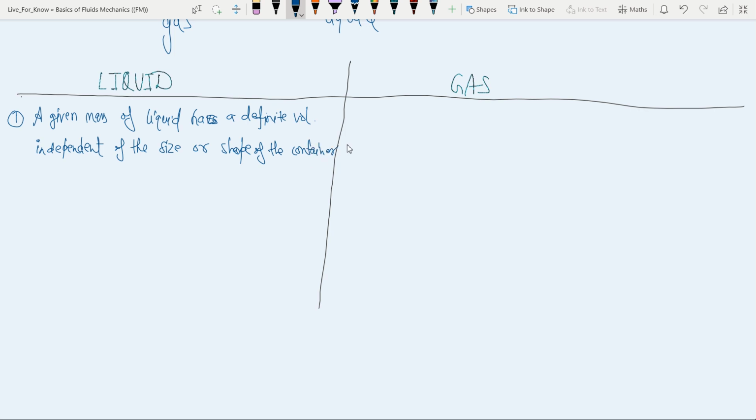However, it changes its shape easily and acquires the shape of its container.